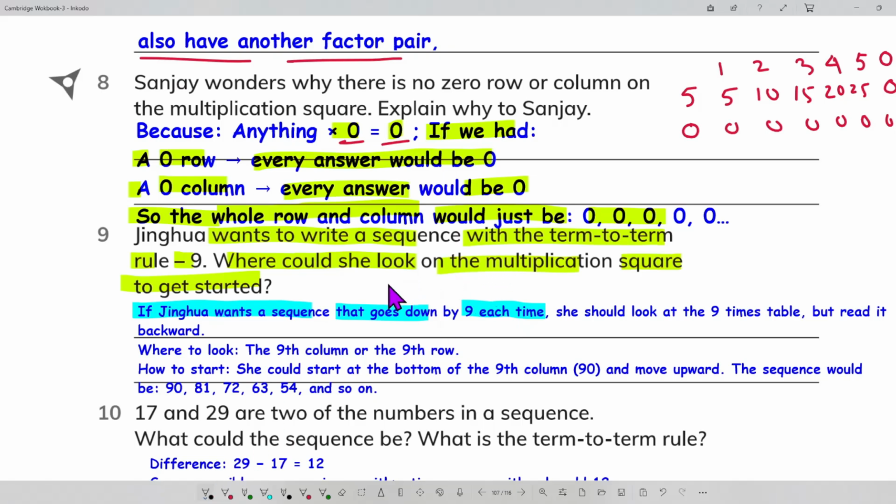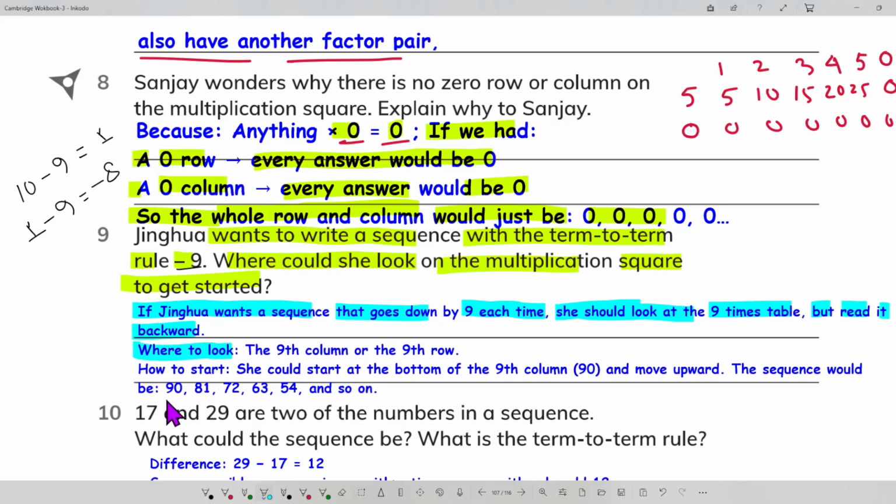Because here is a term to term rule -9. Suppose 10 minus 9 will be 1, right? Again 1 minus 9 will become -8. That's why we can say she should look at the 9 times table but read it backward.